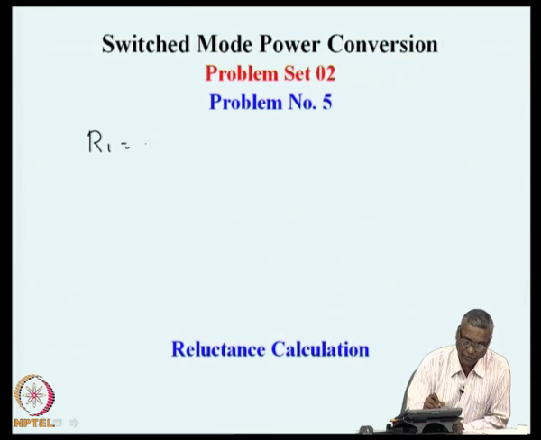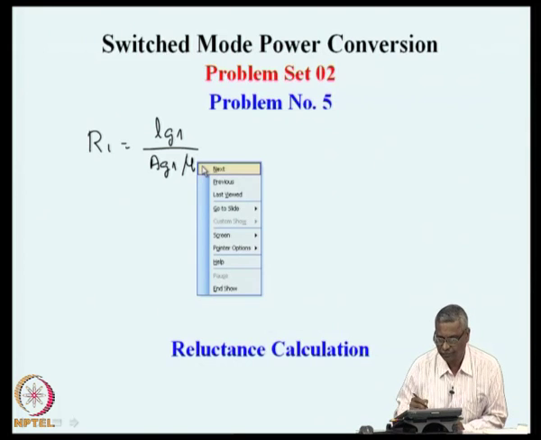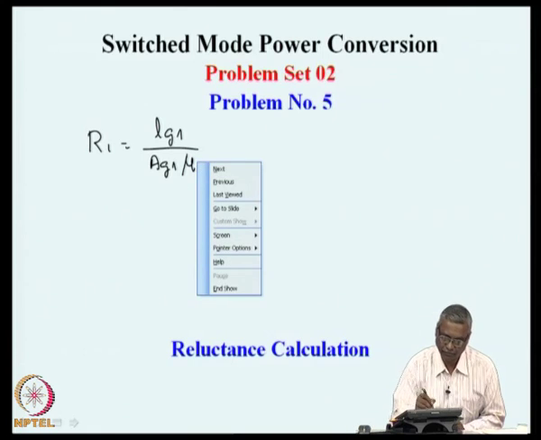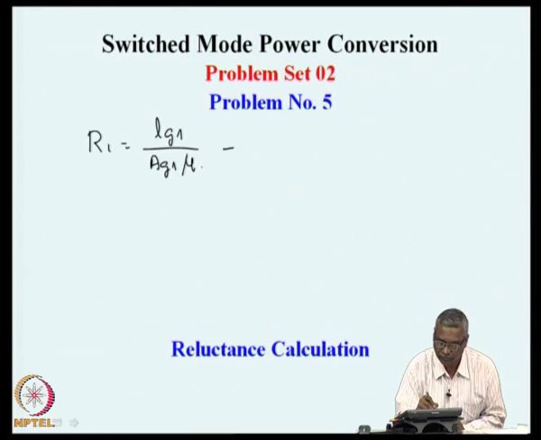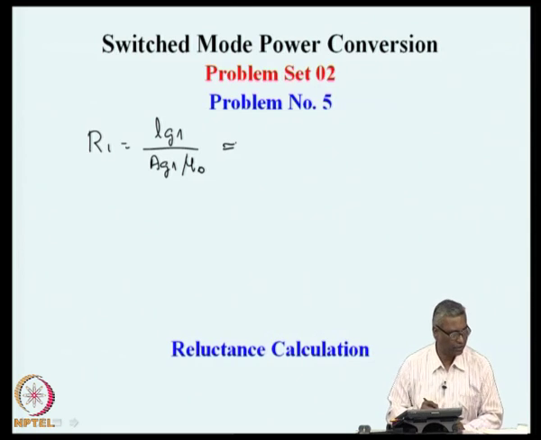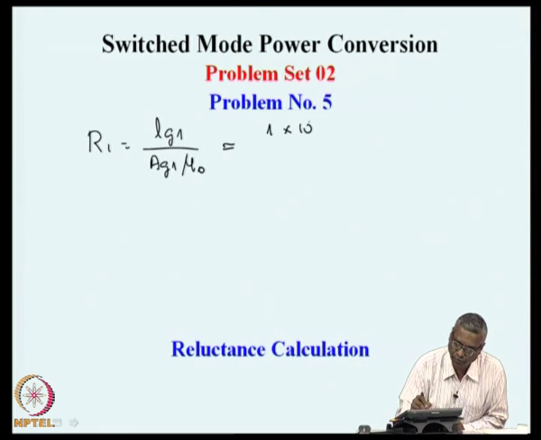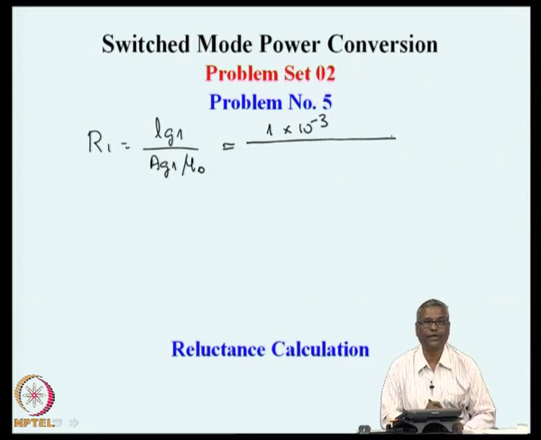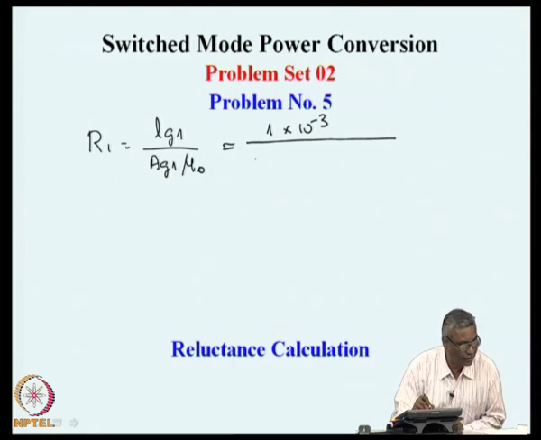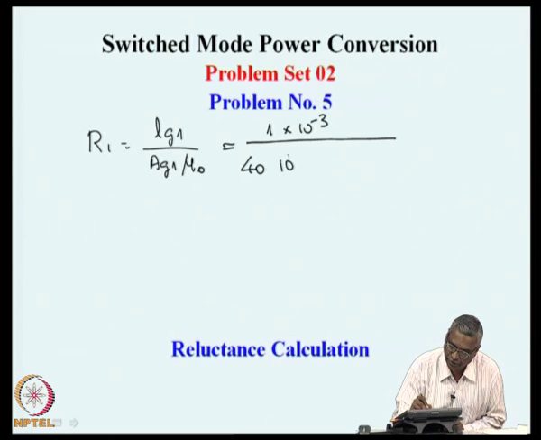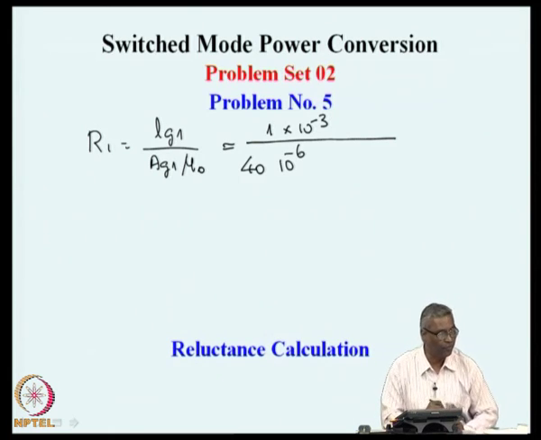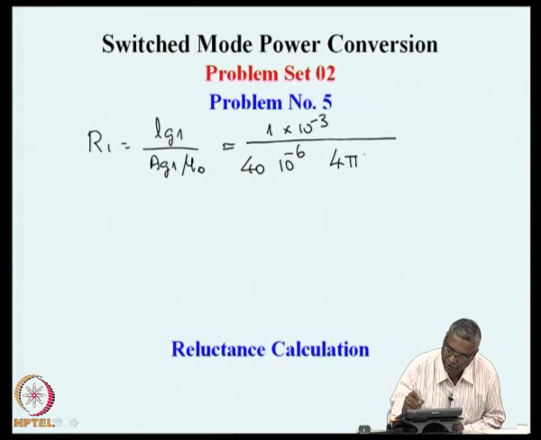For example, reluctance calculations can be done now. R1 is Lg1 divided by Ag1 mu naught, and that is 1 into 10 power minus 3. All the units are in meter kilogram second system. Ag1 is 40 millimeter square. In meter square it is 40 into 10 power minus 6, and mu naught is the free space permeability, which is 4 pi into 10 power minus 7.